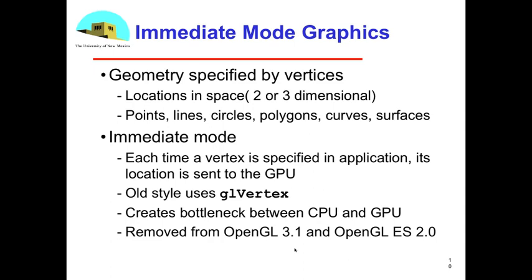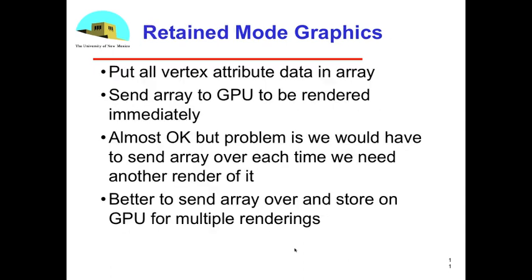But they're all specified through vertices. And in immediate mode, every time a vertex is specified by a call to glVertex in the older systems, that vertex immediately goes through the system, goes off to the GPU and is processed. That was called immediate mode graphics. The definition of our objects goes through the system immediately, it's displayed as fast as the system can display it, and it's gone. It's not saved at all. It's immediate with no retention.